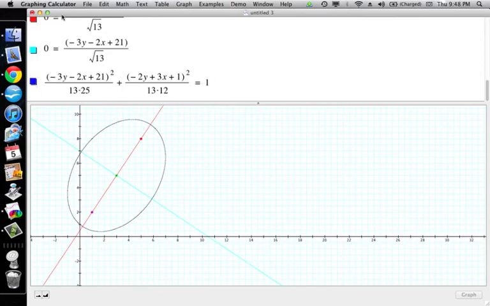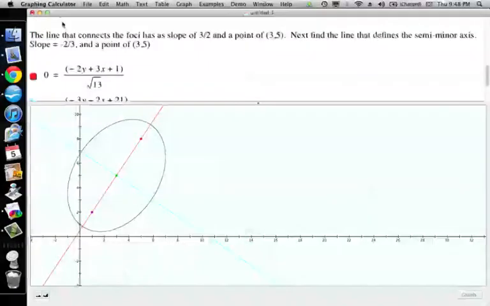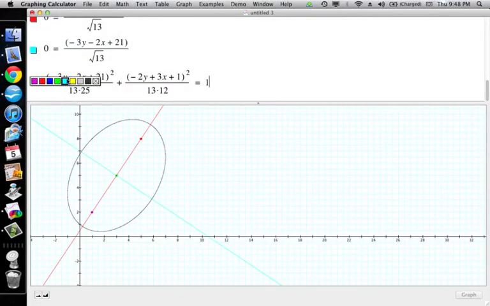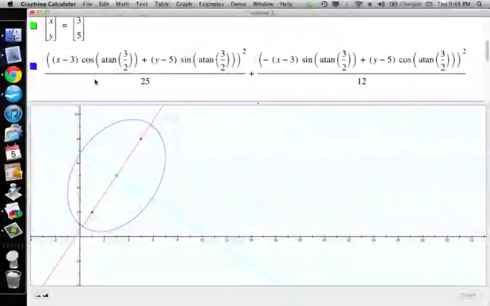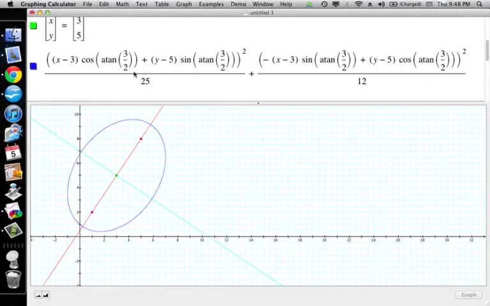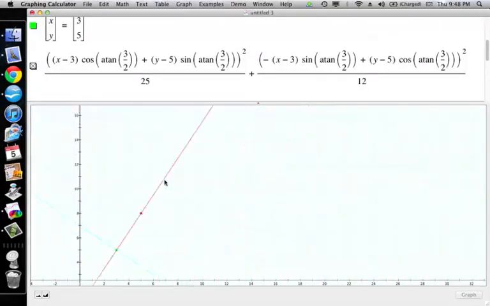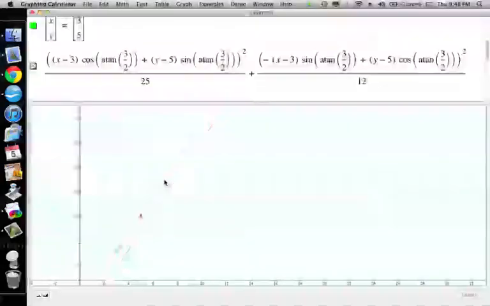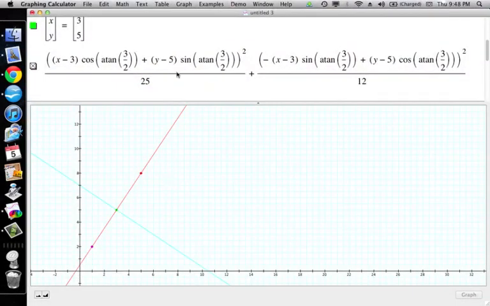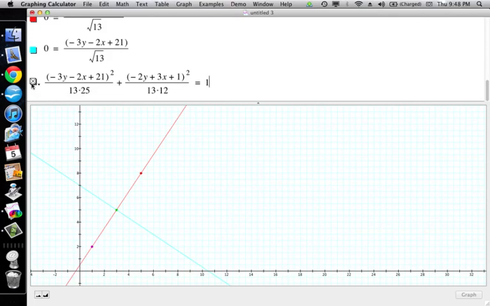There's my rotated ellipse. Here you can see if I turn it off, there's the original one. That's this messed up equation here. So I take that messed up equation and turn it off, and then I turn that one on, and there we go.